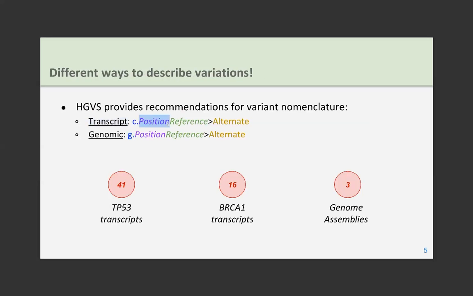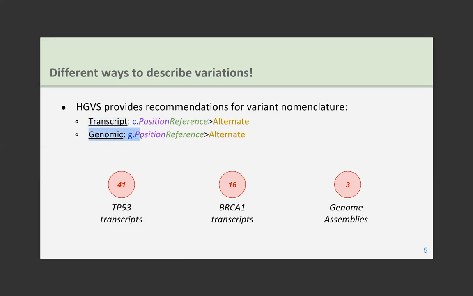Then you provide the position of the alteration. The reference is not absolutely required, but it is always good to provide it in order to validate that at that position you actually see that nucleotide, and this is the alternate sequence. So this is a very basic nomenclature for substitution that is recommended by HGVS, the Human Genome Variation Society.